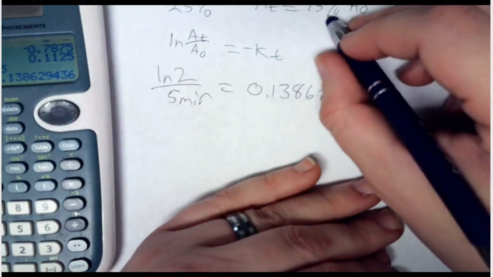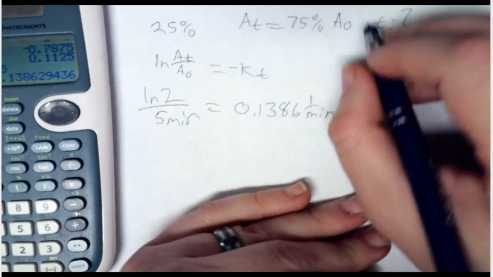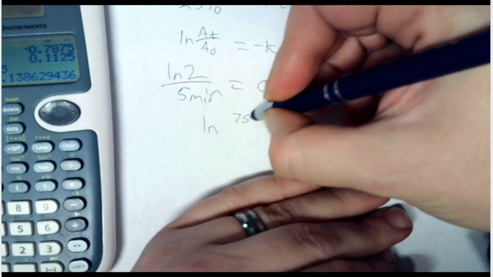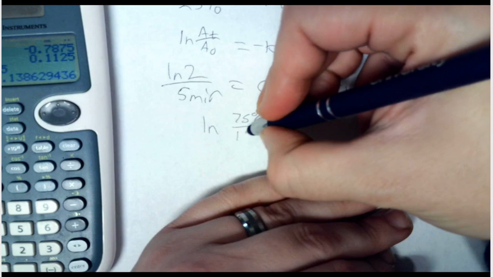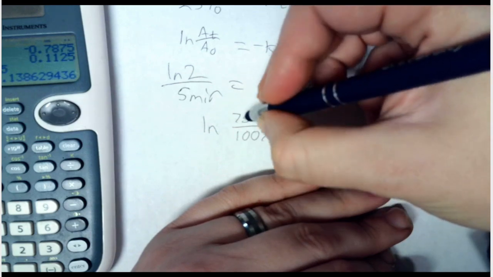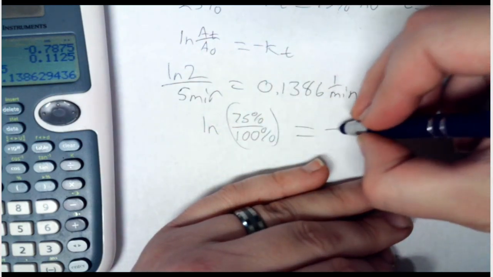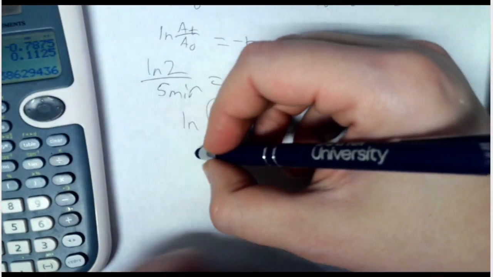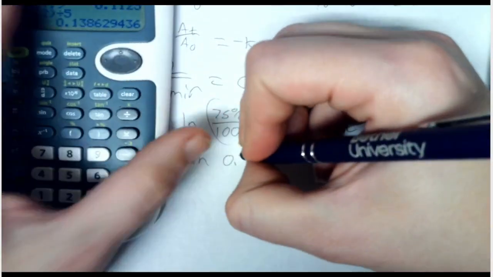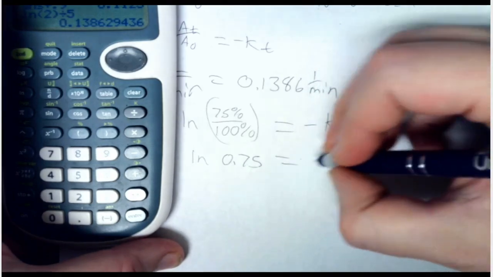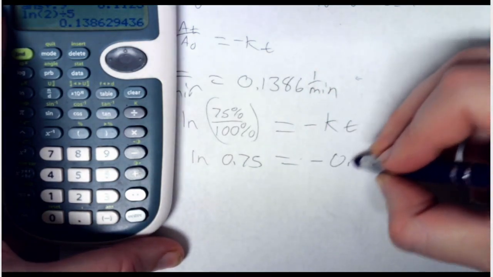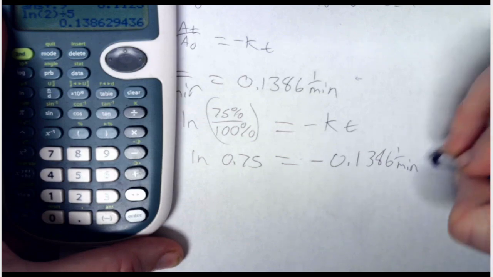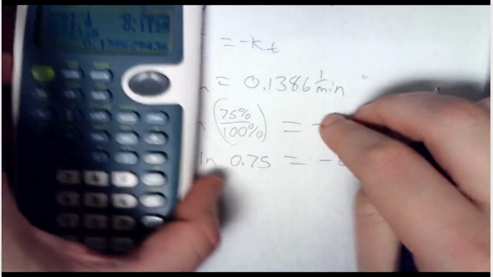Now, we want 75% left. So natural log of 75%, if this is 100%, is equal to negative k times t. So ln of 0.75 equals negative 0.1386 inverse minutes times t.